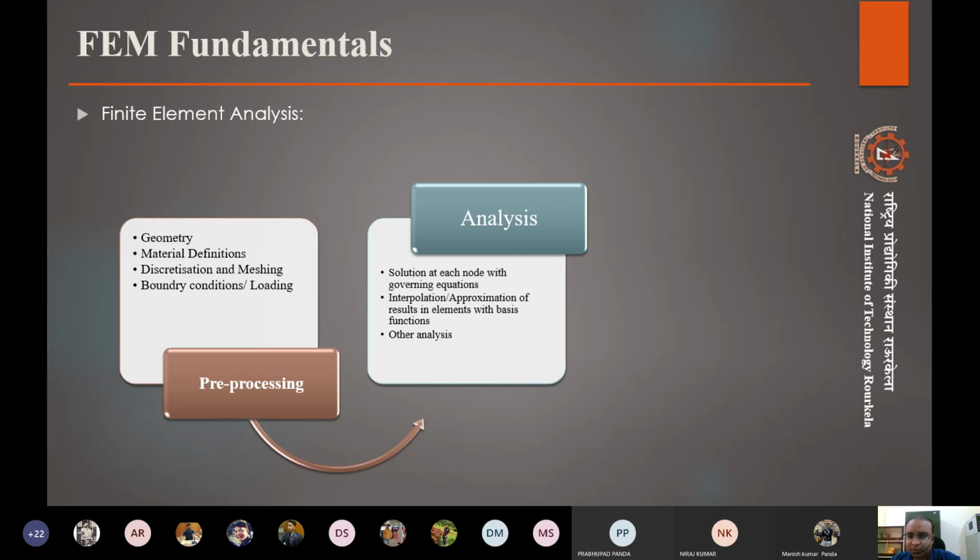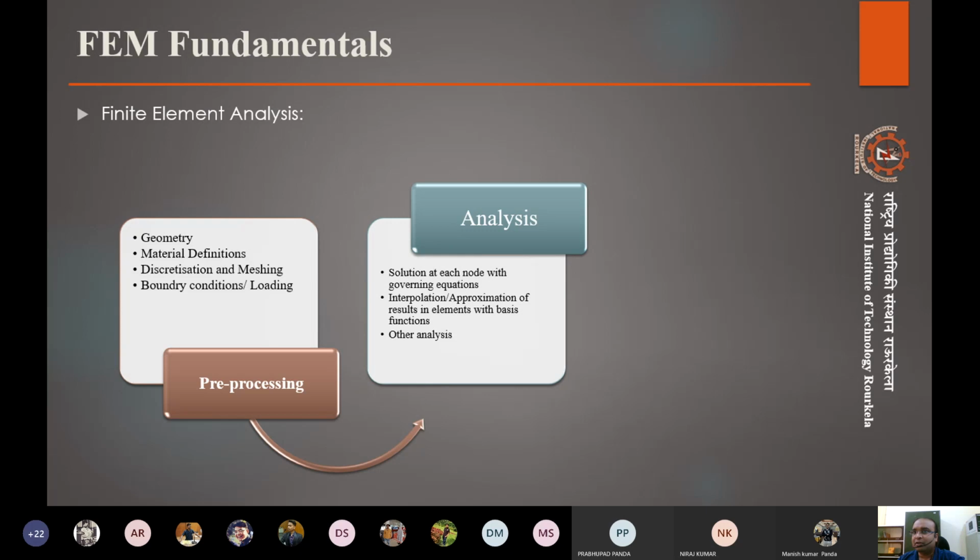Another important concept to understand is that it will be physically impossible to actually calculate at each and every point of that geometry, because there will be an infinite number of points, and then calculations become very, very tough. So that's the whole purpose of meshing, so that we define which points we want to calculate our values at.